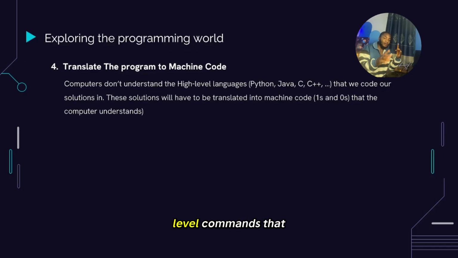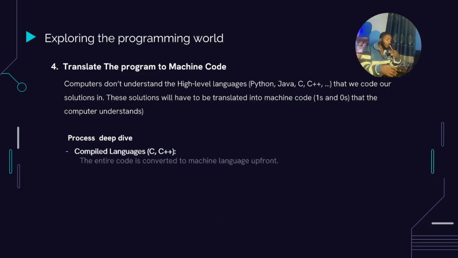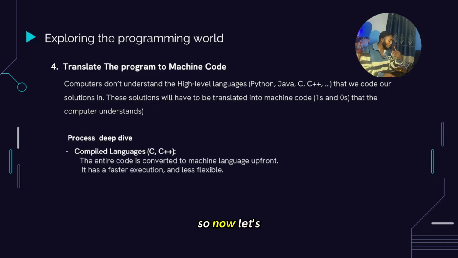Those are high level commands that only us humans can understand. The computer cannot understand that. So for the computer to understand that, it has to be translated to machine code, which is just ones and zeros.